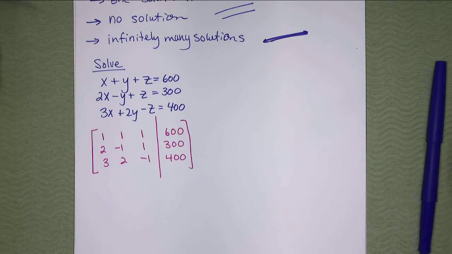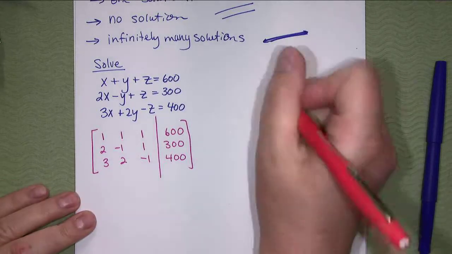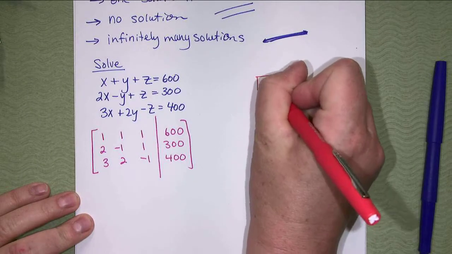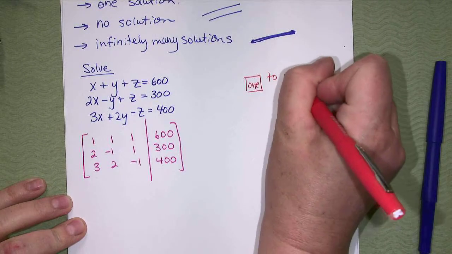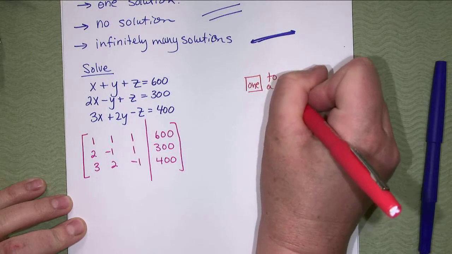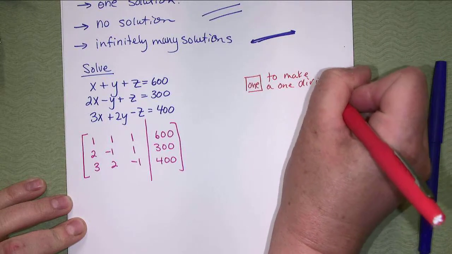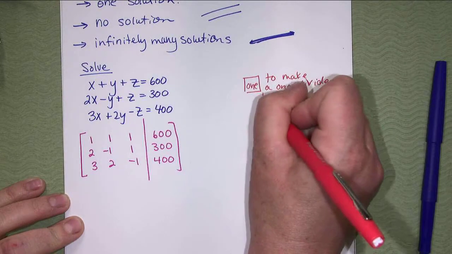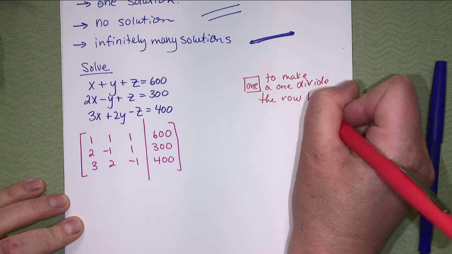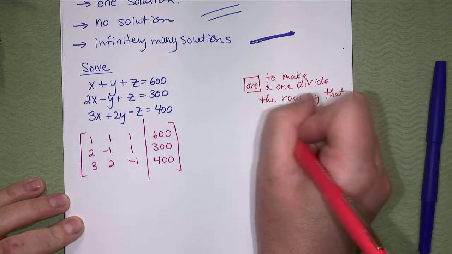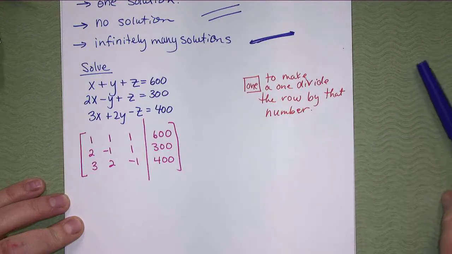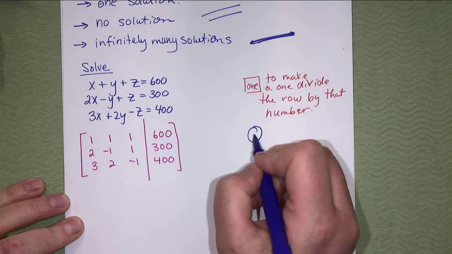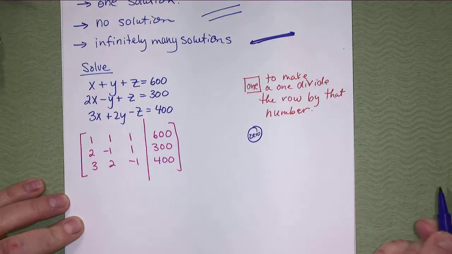Now, my symbols are not universal symbols. I put a square around something that I want to be a 1. And to make a 1, you divide the row by whatever number is in its place. Okay, and I put a circle around something I want to be a 0. So I actually use two different symbols.